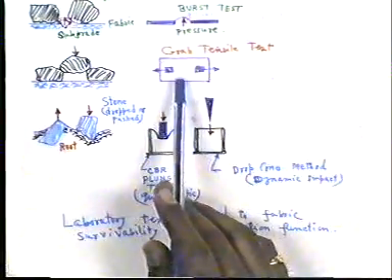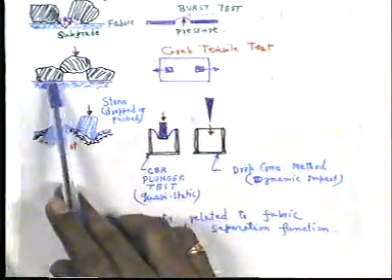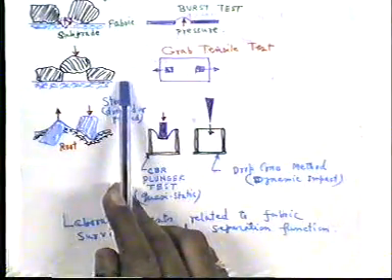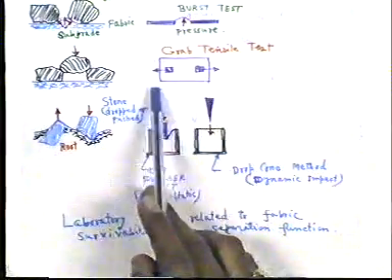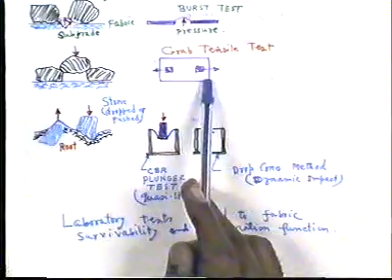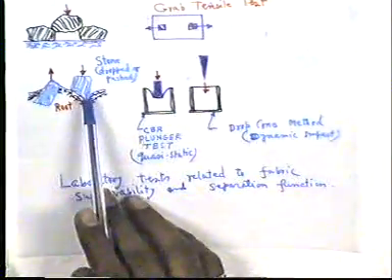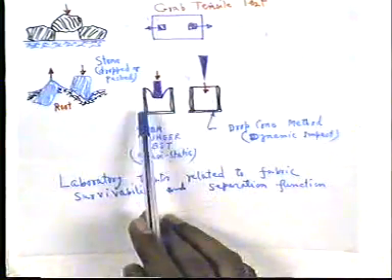In the case of the grab tensile test, this is the geotextile material, and these are the aggregate, which can be simulated with the laboratory test. Here is also the drop cone test.